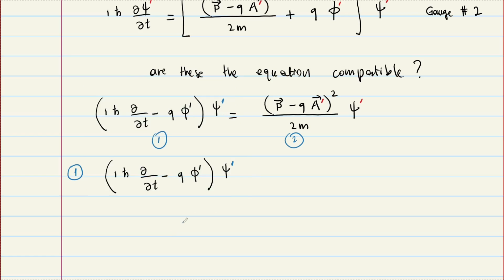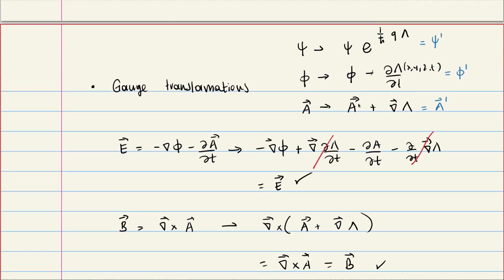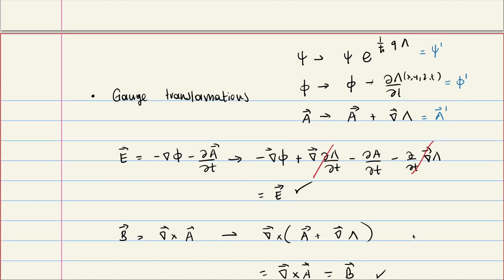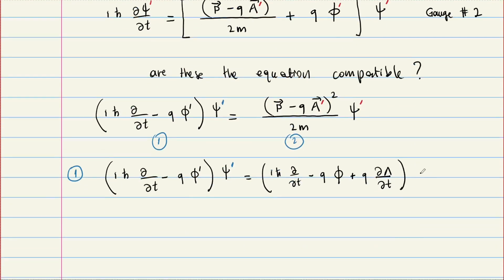I want to start with this object, which is equal to I h bar del t minus q phi prime, where phi prime is equal to phi minus del lambda del t, so this is going to be plus q del lambda del t, and psi prime is equal to psi times e to the I over h bar q lambda.